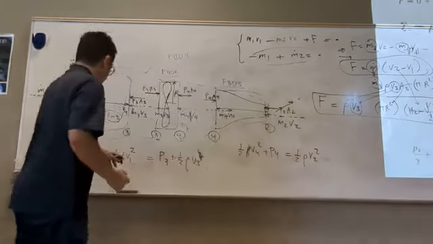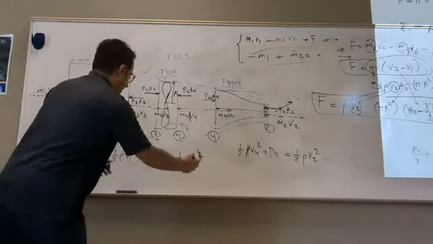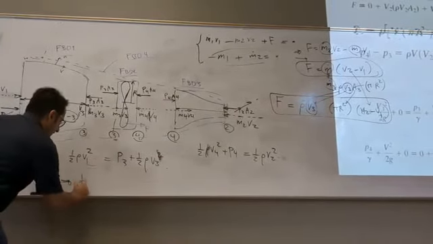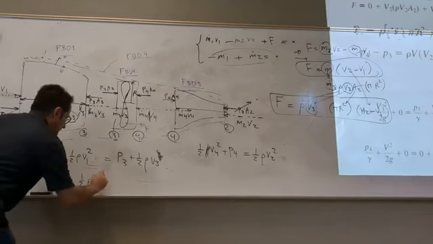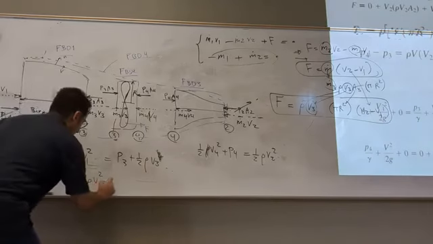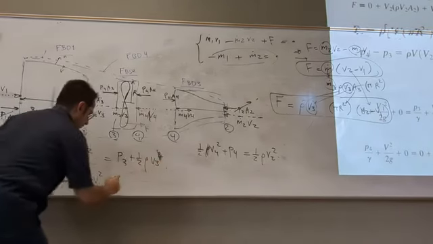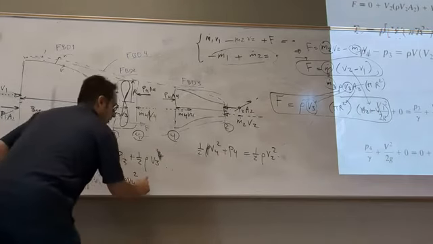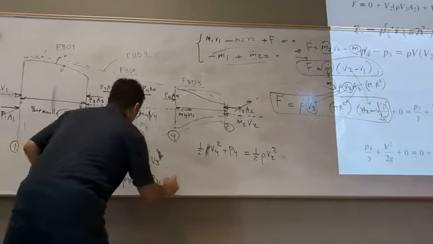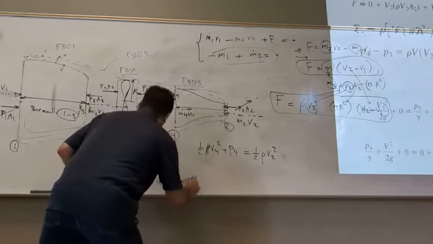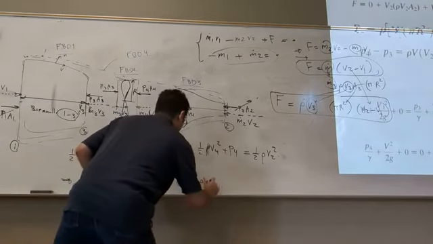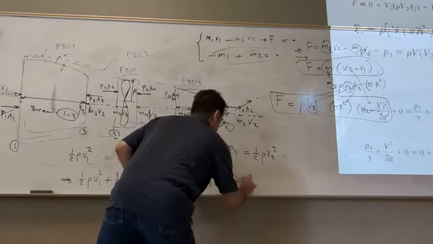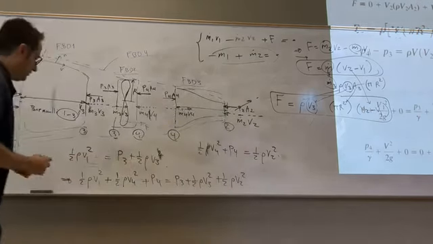So look at it. Add these 2 equations together. If you add it together, you get 1/2 of rho V1 square plus 1/2 of rho V4 square plus P4 is equal to P3 plus 1/2 rho V3 square plus 1/2 of rho V2 square. So that's the equation.